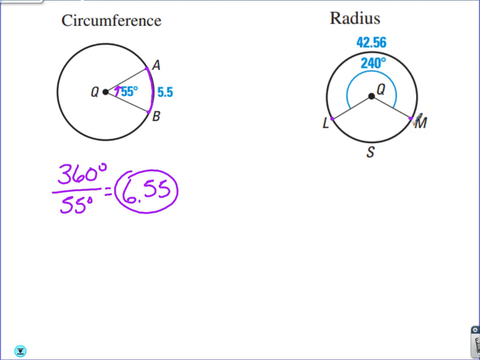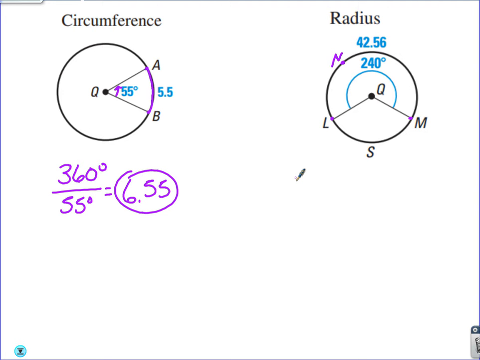The arc length of LM, actually, that needs to be named with a third dot because that's a major arc. So I don't like the way they did that. I'm going to put an N right there. The measure of arc LNM, the arc length, is 42.56. That represents 240 degrees of the whole thing. We need to know what the radius is.